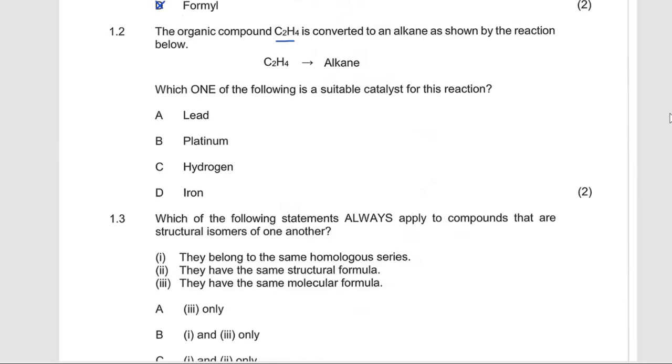So A, we have got lead, which is not a catalyst for this. We're not looking for this one. Then our platinum is used as a catalyst, so it can be Pt. Those are the catalysts that we're looking for. All these are incorrect, so our correct option is going to be platinum.